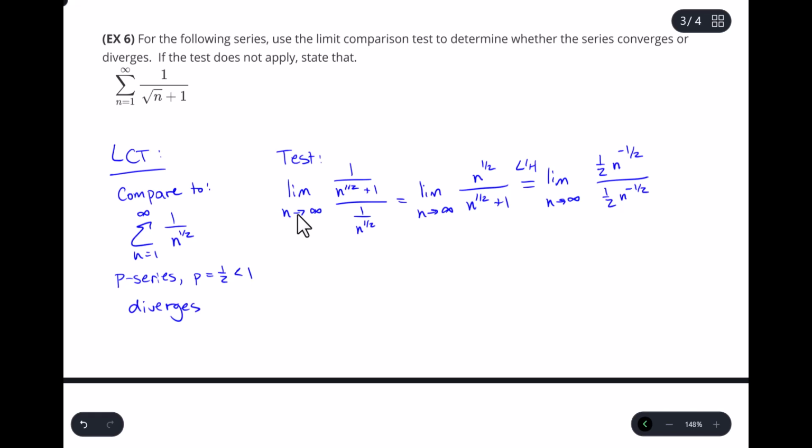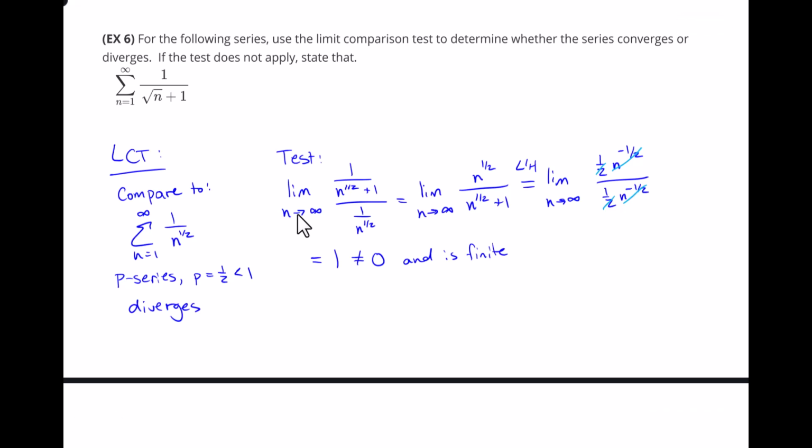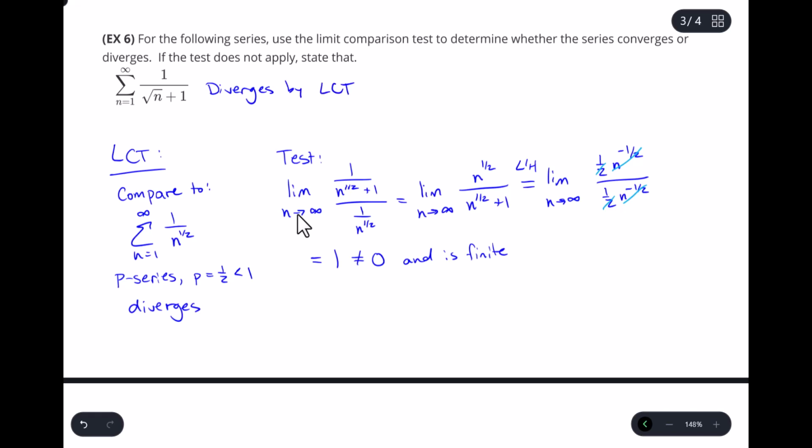And that's great because these two terms cancel, and even the halves cancel. So that tells me the result of this limit is 1, which is not 0, and is finite. So that tells me that the test passes, and therefore I can conclude that the original series also diverges by the limit comparison test.